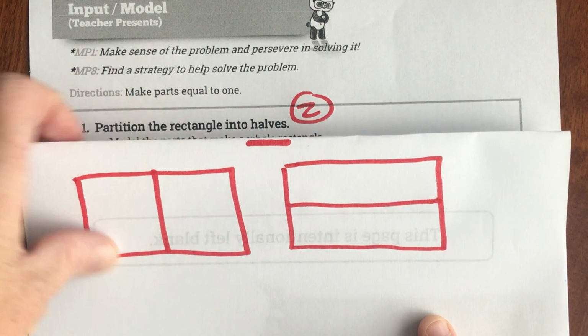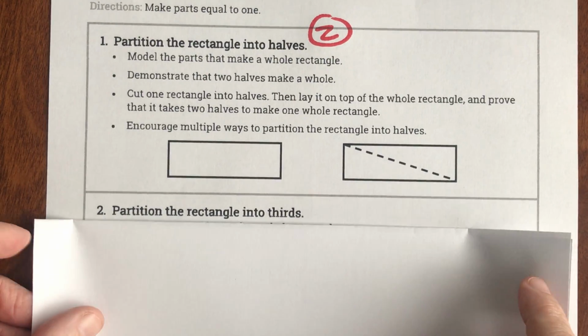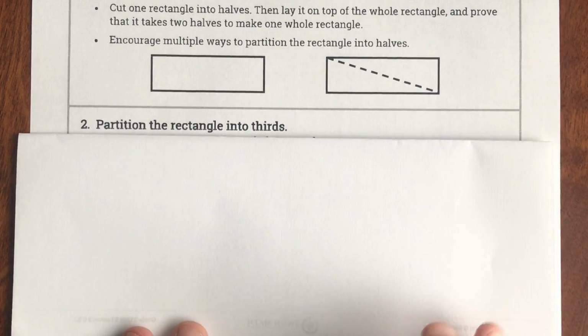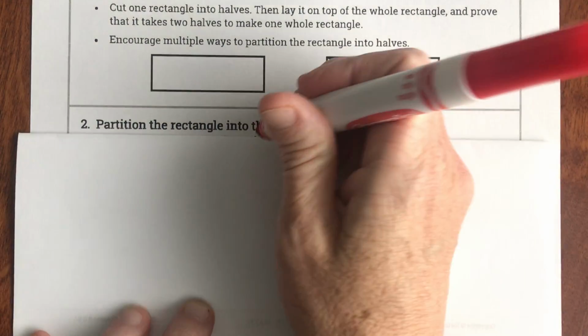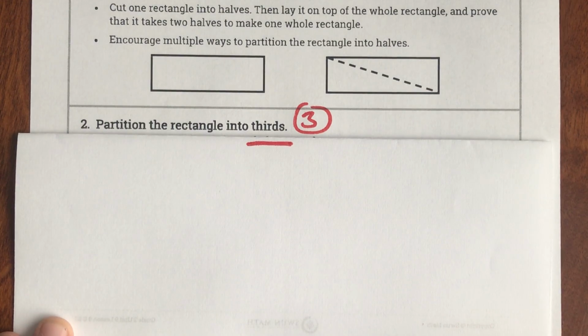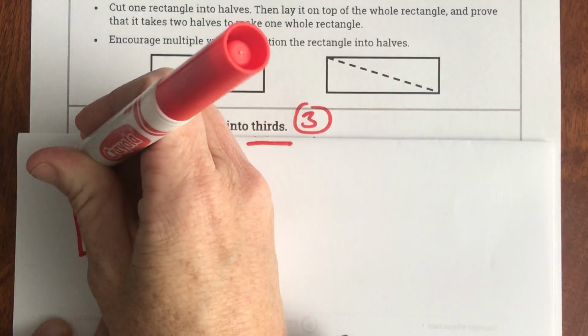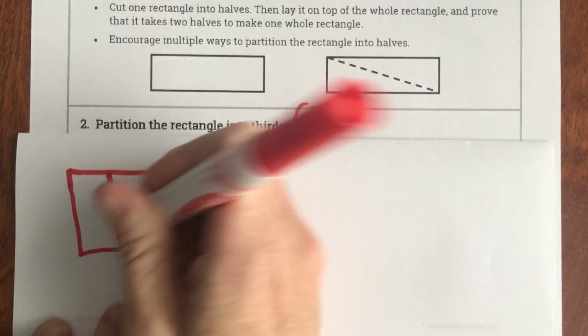Okay, let's look at another question. This question asks me to partition my rectangle into thirds. Thirds means 3. So they want me to cut into equal parts a rectangle into 3 pieces. So I could do vertical lines.